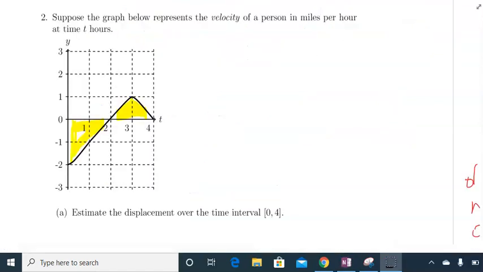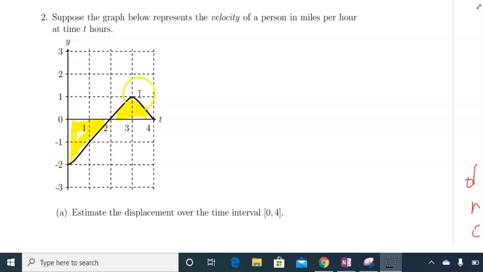Ideas from the fundamental theorem of calculus can be applied to things like velocity and displacement and the total distance traveled. So suppose, here's a question, suppose the graph represents the velocity of a person in miles per hour at a time t hours.